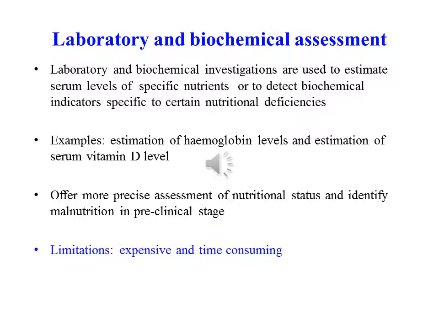Laboratory and biochemical assessment is one of the most appropriate, or you can say valid, methods to assess the nutritional deficiency of various nutrients in the body. Like we test hemoglobin levels to identify anemia. We look for serum vitamin D levels, or serum folic acid levels, or B12 levels to identify their deficiency.